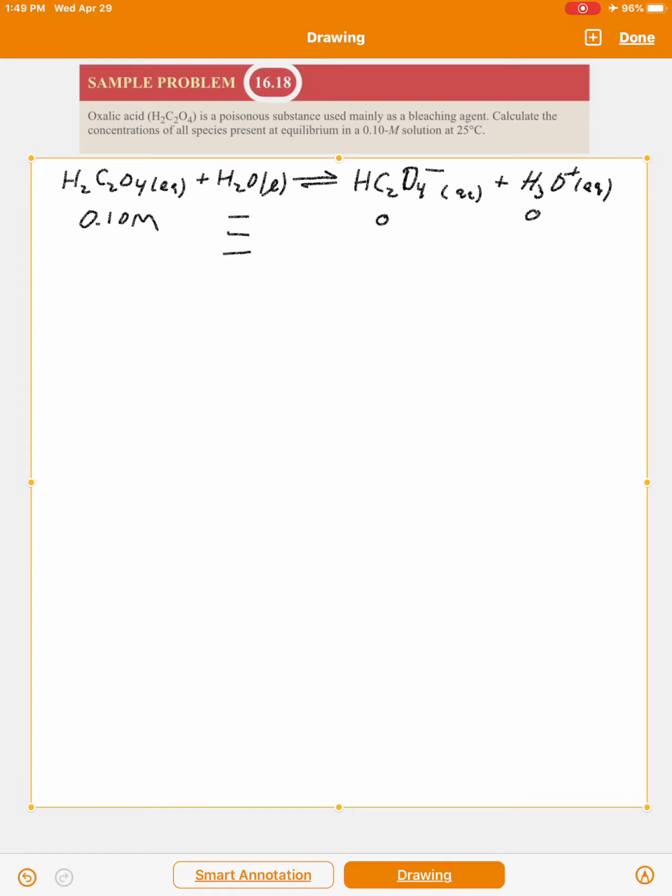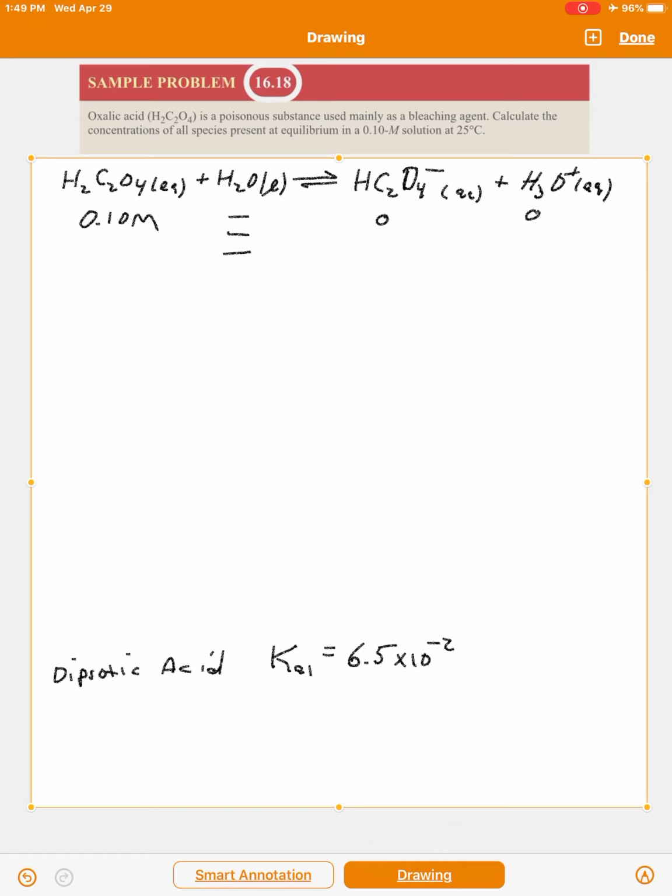Now let's look up the value of K. Because it's a diprotic acid, it's actually going to have more than one Ka. So we're going to call the first one Ka1, and the value of Ka1 for oxalic acid is 6.5 times 10 to the minus 2. Now, where did I get that?